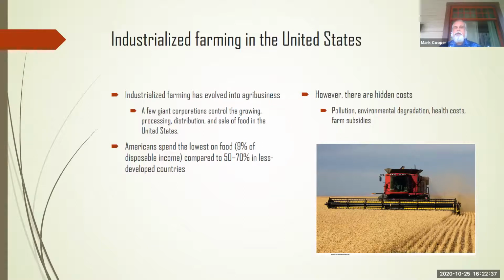Americans spend the lowest amount on food, 9% of our disposable income, whereas in many countries it's 50 to 70%. In that regard, we are lucky that we have access to food. And there are hidden costs that we don't talk about: pollution, degradation, health care. We subsidize farmers so they can grow their crops, especially corn. All of those things have tied into what we do now.